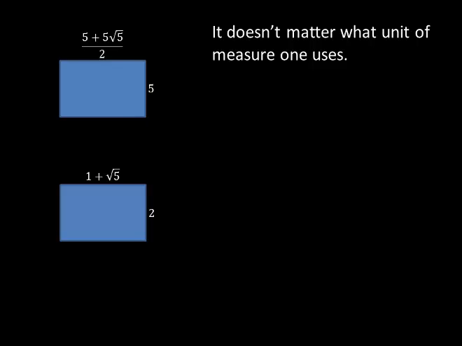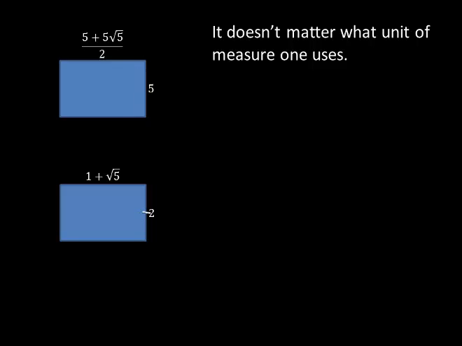Before I go on and show you a couple example problems deciding whether rectangles are golden or not, I'd like to mention something about scale. It doesn't matter what unit of measurement you use when you are deciding if a rectangle is golden. For example, these two rectangles look to be identical. Let's just assume they are.